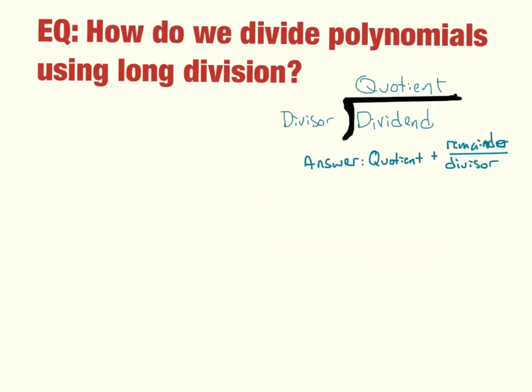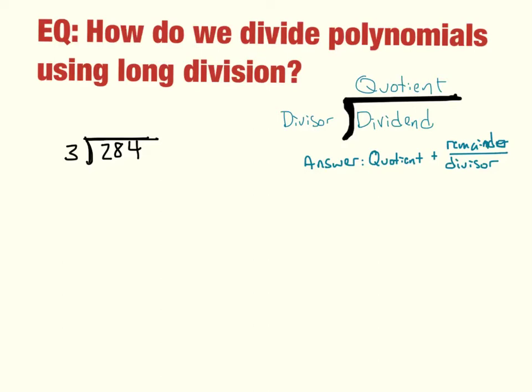Alright, so let's see how this used to work with just numbers. Let's take 284 and divide it by 3. So I go through and I say, okay, can 3 go into 2? No. Can 3 go into 28? Yes.